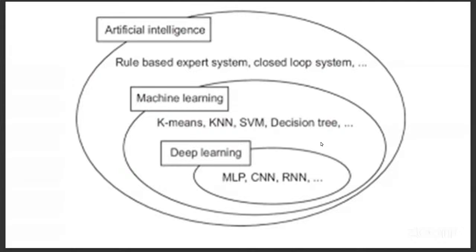As of now, machine learning algorithms include KNN, K-means, SVM, and decision trees. Decision trees we are going to see in the next class tomorrow, and KNN and K-means are from the fifth unit.